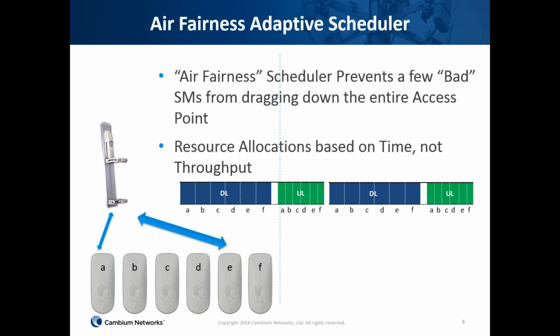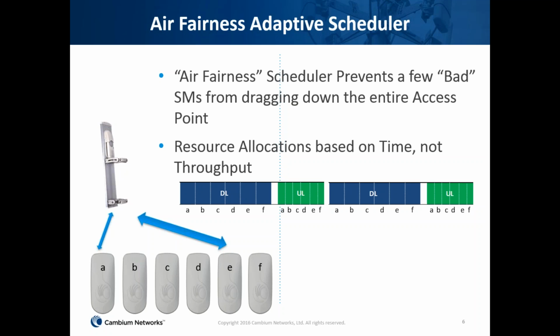The subscriber with low throughput is always going to have low throughput, but with our system, he doesn't impact everyone else. He gets a reasonable amount of data up. Of course, he's not going to be performing the same as the other guys, but he doesn't derail everyone else throughout the whole network.